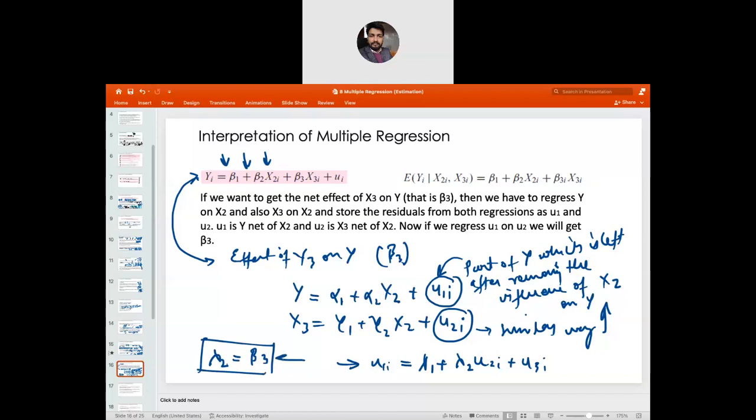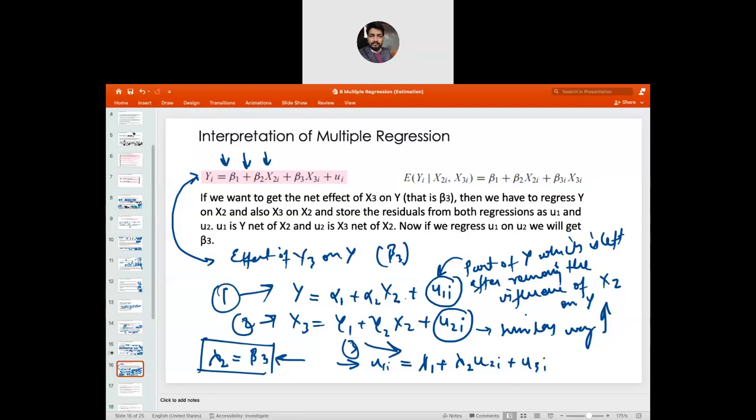We can do this exercise. It's a simple exercise, easily done in Excel, but I would want you to do it yourself because it will save us time. You can simply run these 3 regressions, regression 1, regression 2, regression 3, and you will get lambda 2, right?